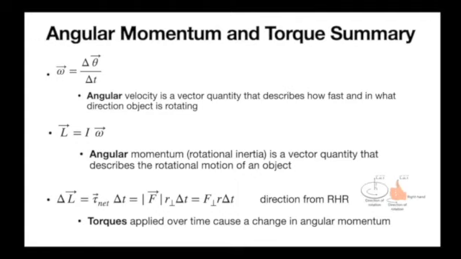So in this case, the tension is pulling this way, like left or counterclockwise. So that's the way I want to wrap my fingers. Then I flick my thumb out and I get out of the page. Same thing for gravity. I want my fingers to rotate downwards, so they want to go this way, rotate clockwise. So that's how I flick my thumb out and get into the page.